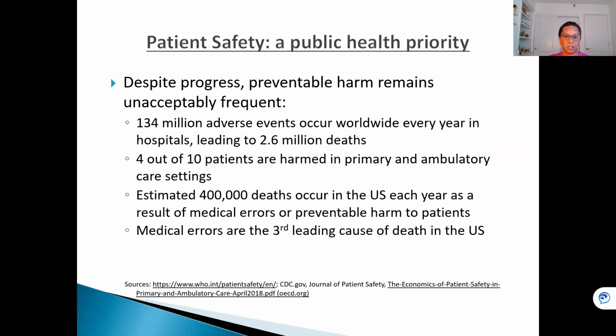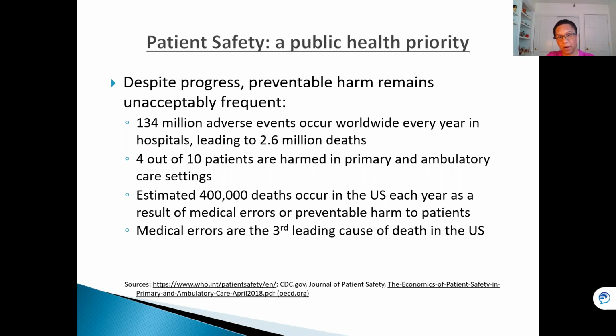So despite all the efforts and the progress that they maintain and do at their local level and also at national levels across organizations, and shared learning that happens at conferences and so forth, preventable harm remains unacceptably frequent. And sharing some stats here with you, 134 million adverse events occur worldwide every year in hospitals, leading to, as you can see, a large number of deaths, 2.6 million deaths. And 4 out of 10 patients are harmed in primary and ambulatory care settings.